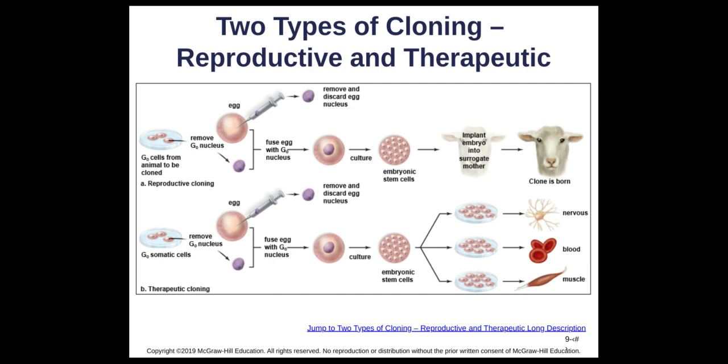The other way that you can do this is you can take the nucleus, fuse it into an egg, then you can get these embryonic stem cells, and then you can stimulate it to become something, become nervous tissue, become blood tissue, become muscle tissue. And then you're not making an entire organism, you're just making the parts and pieces that you want.